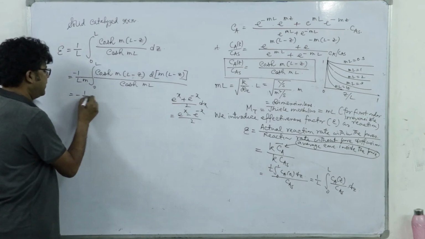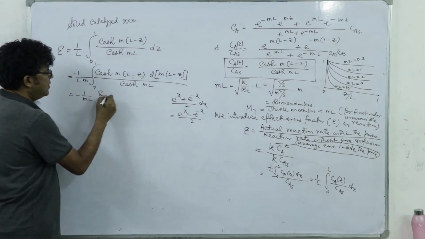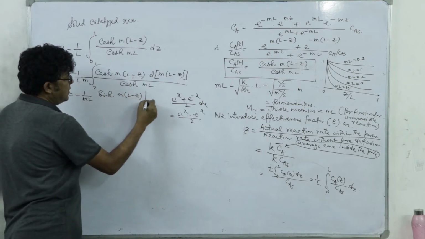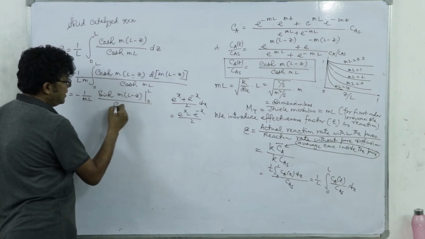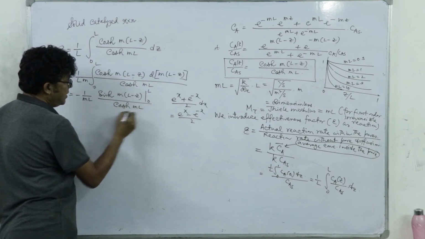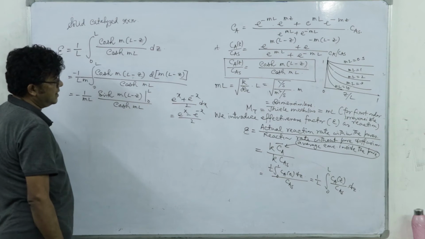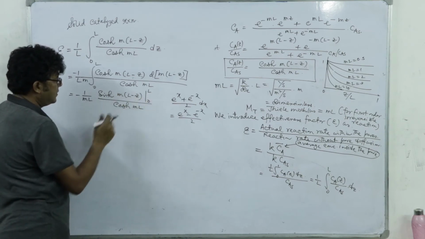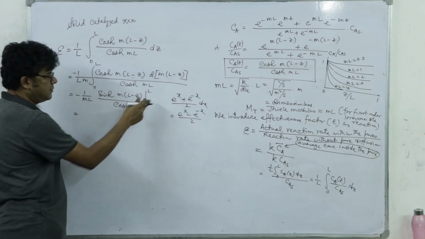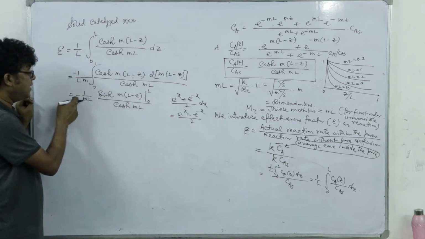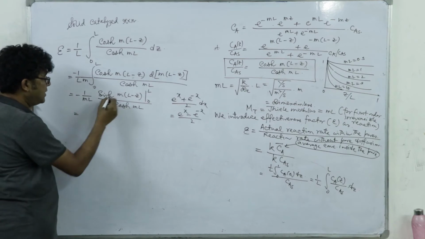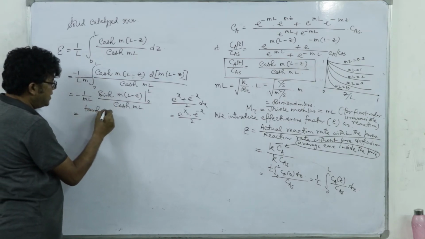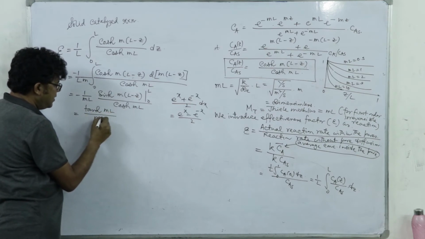So, minus of 1 by m sinh m(L minus z), limit 0 to L, divided by cosh mL. Now, when it is L, sinh 0 is 0, and when it is 0, this is sinh mL. So, there is a negative sign because of the lower limit, and that negative cancels out with this. So, finally, sinh by cosh gives you tanh mL by mL.